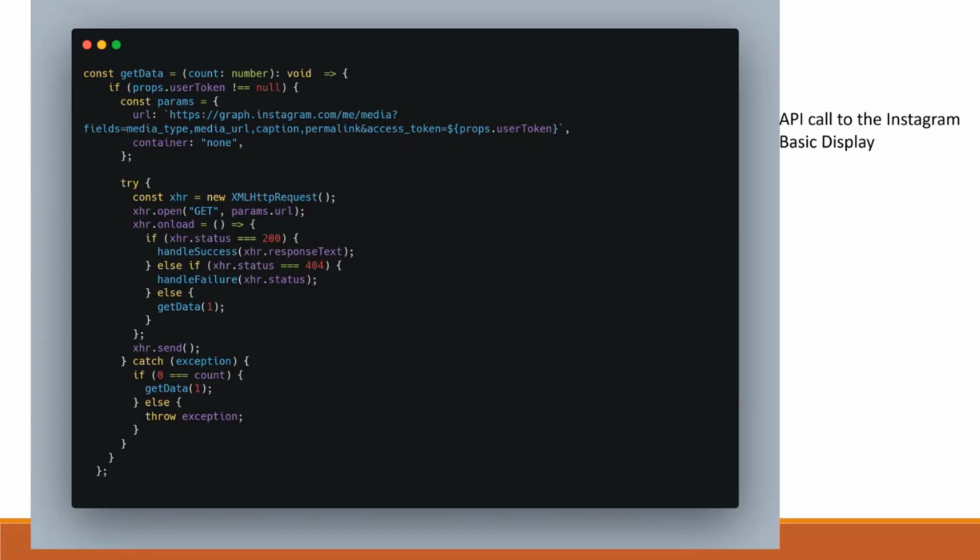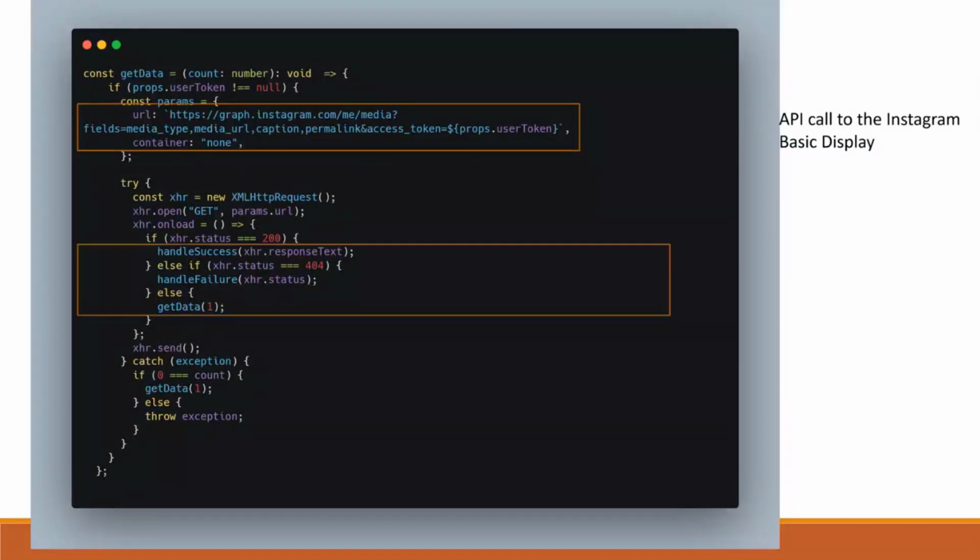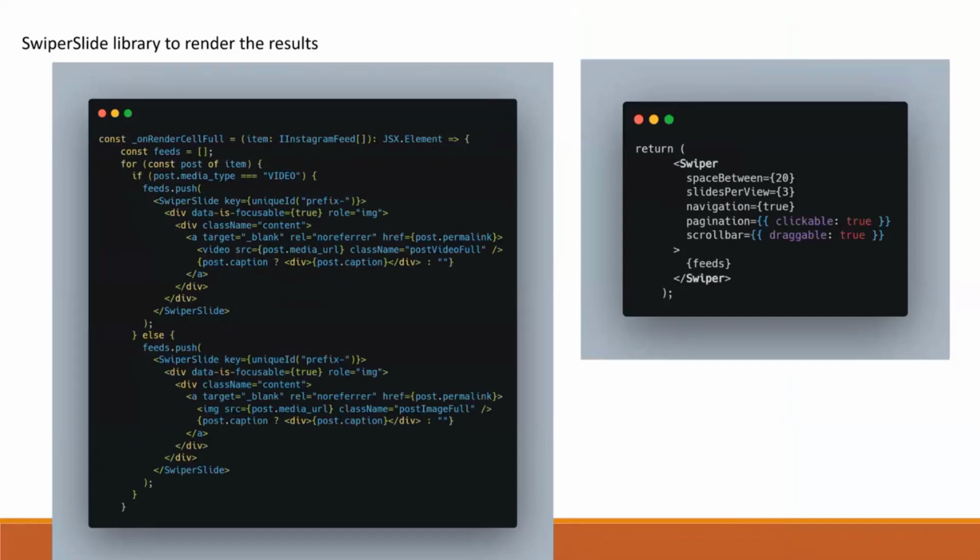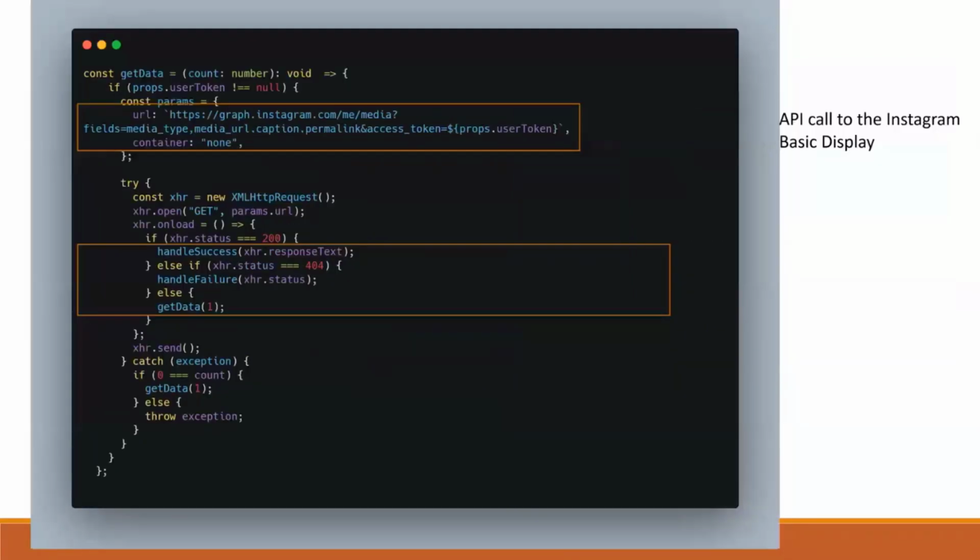So in the code, the most important bit is the call to the Instagram endpoint. Here it's calling the endpoint graph.instagram.com, and I'm passing the user token I've set in the web part property. Based on the status of the call, I'm calling a function to handle success and one to handle failure.